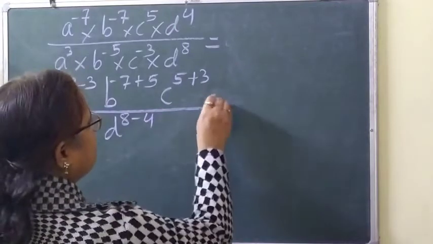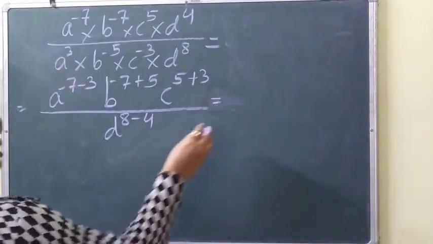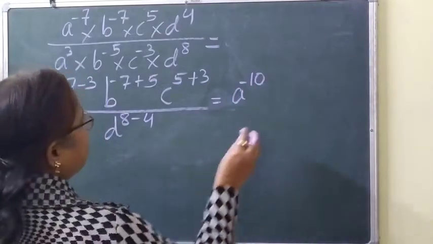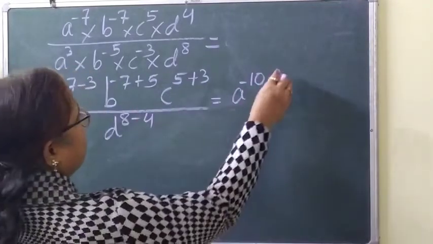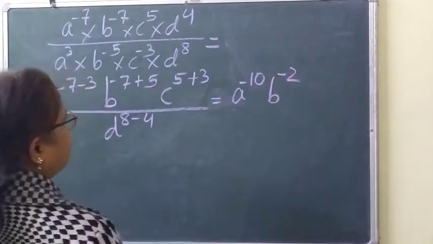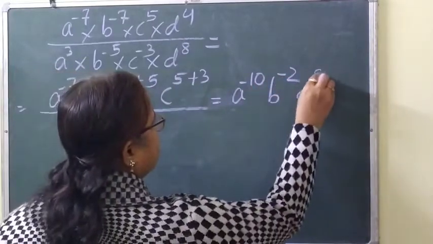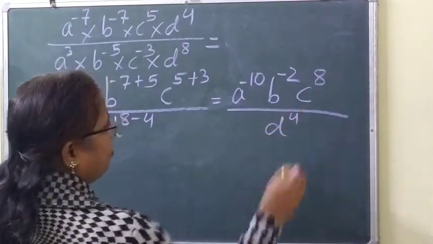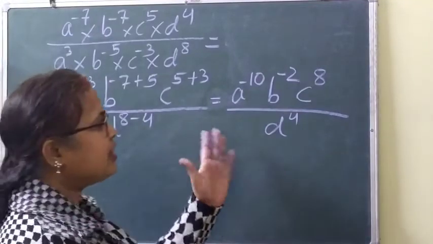Okay, so when we solve it, what do we get here? a to the power minus 10, b to the power minus 7 and 5, minus 2, and c to the power 8 divided by d to the power 4. Clear? This way you can write the answer.